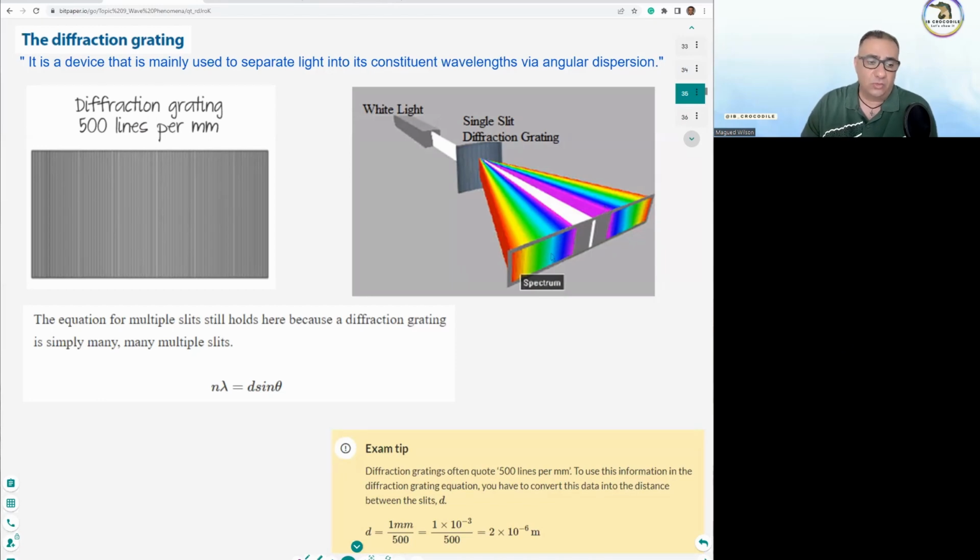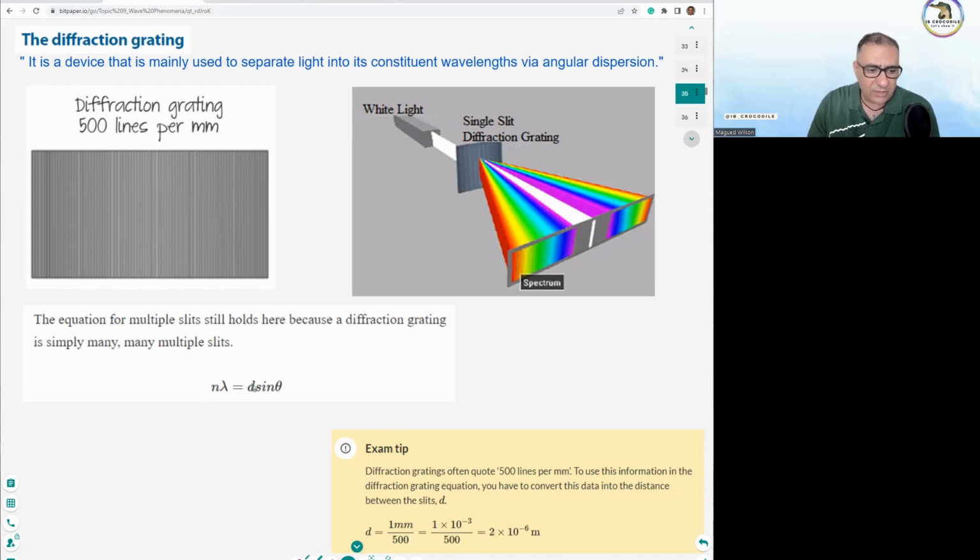On the other side we have d, which is the slit separation, or the distance between two slits, and sine theta, where theta is the angle of diffraction. Basically it's the angle between the central axis and whatever light is diffracted.